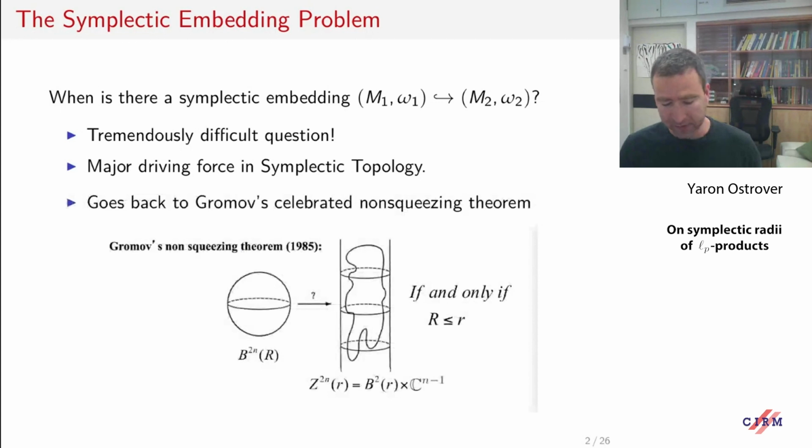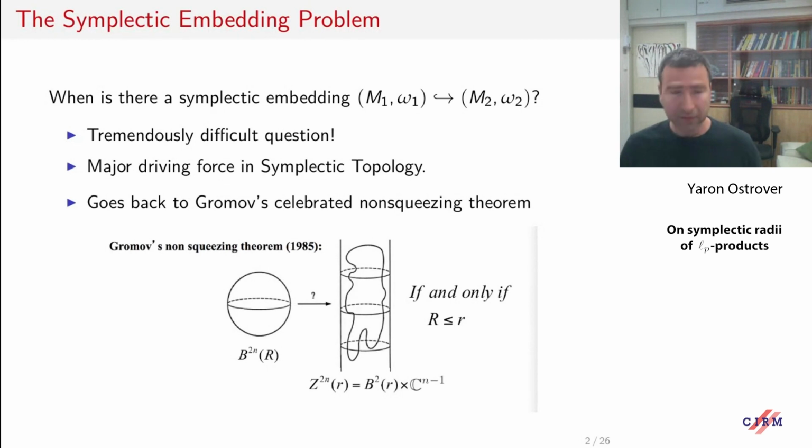And the first, historically, first example is Gromov's theory of pseudo-holomorphic curves, which, among many other things, can be used to prove the famous non-squeezing theorem, a symplectic embedding of a ball inside a cylinder.